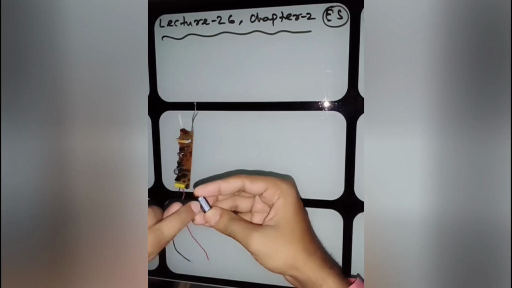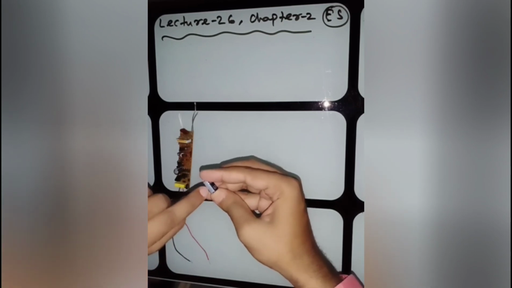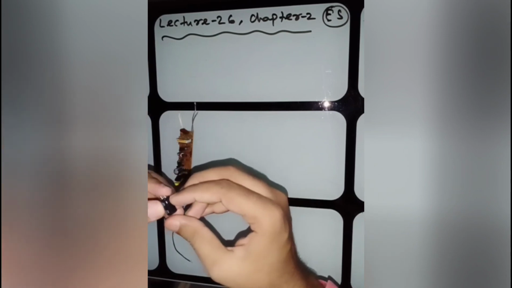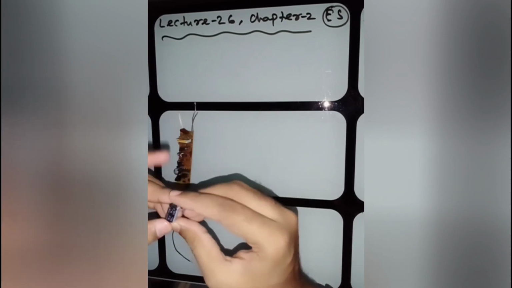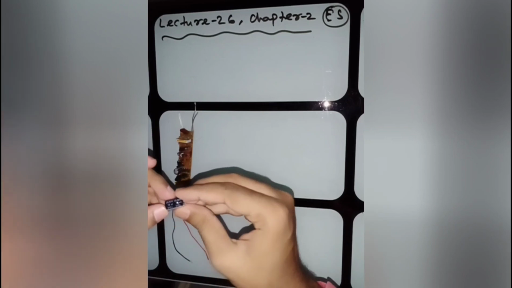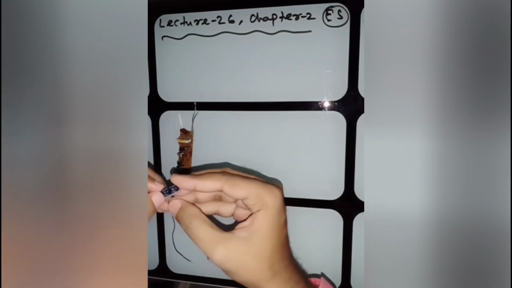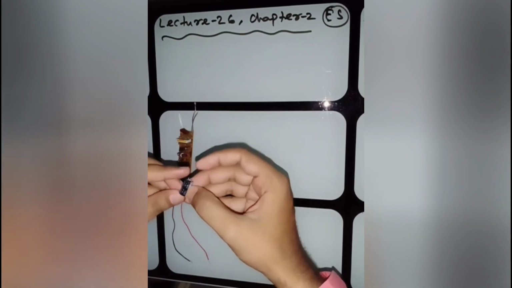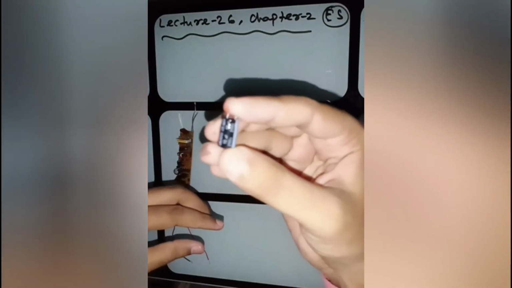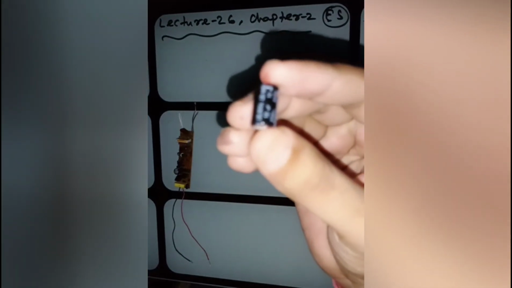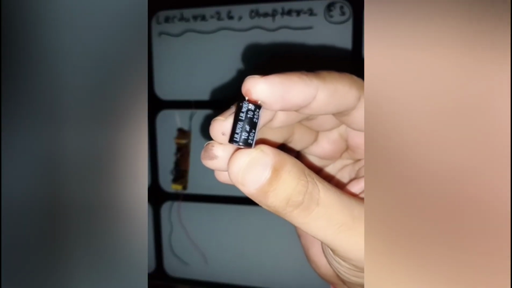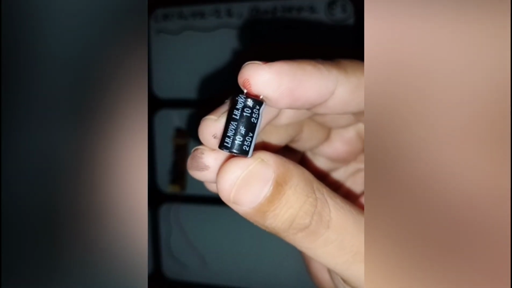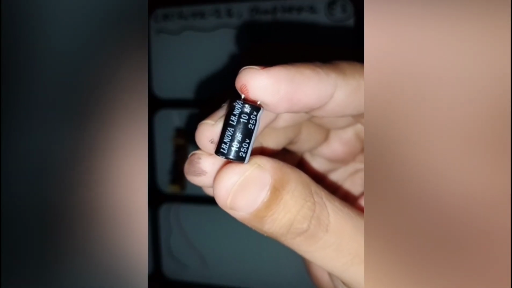This capacitor is 10 microfarad, and it can withstand 250 volt. If I keep this near the camera, you can see 10 microfarad is written very small, and 250 volt it can withstand.